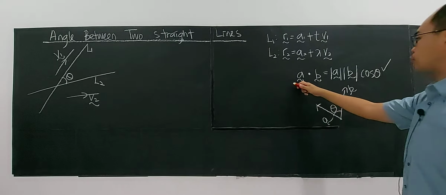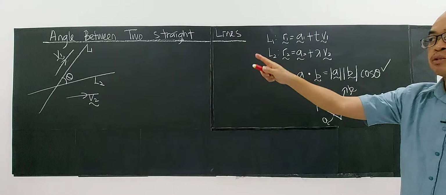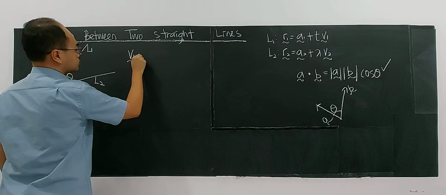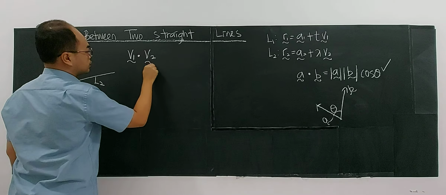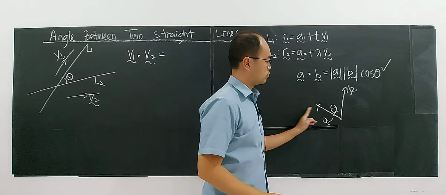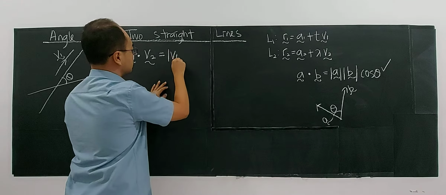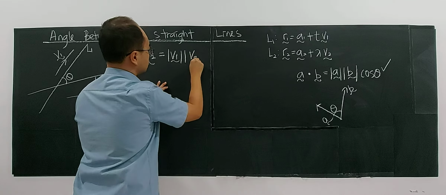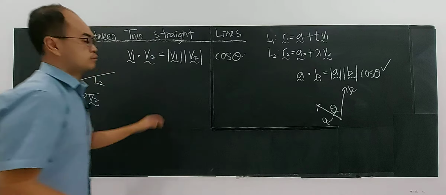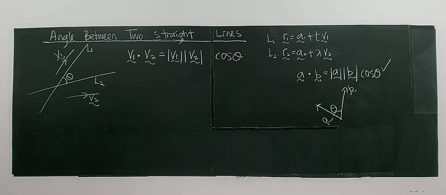As the vectors A and B are now represented by V1 and V2, we can rewrite it as V1 dot V2 equals the magnitude of V1, magnitude of V2, cosine theta, where theta is the angle between the two vectors.